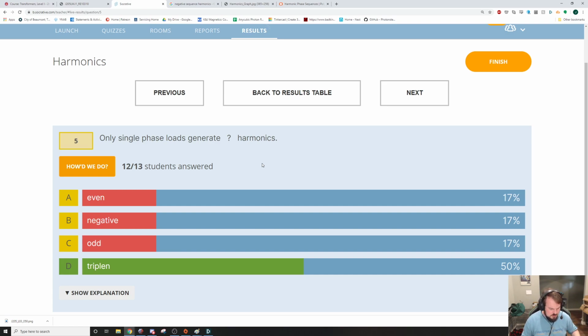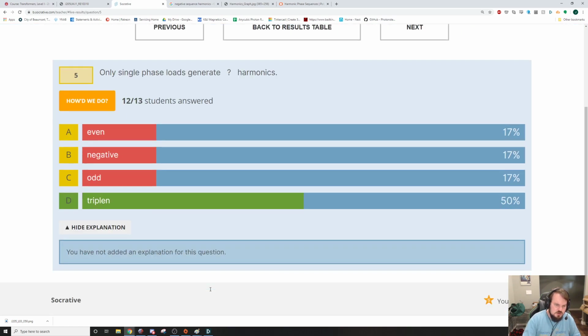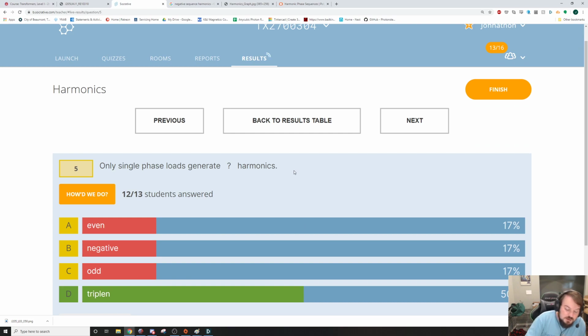Total harmonic distortion, maybe I haven't passed it up. I don't know. Did I find it before? I have not. Only single phase loads generate tripling harmonics, and that has to do with distortion power factor. Let's see.